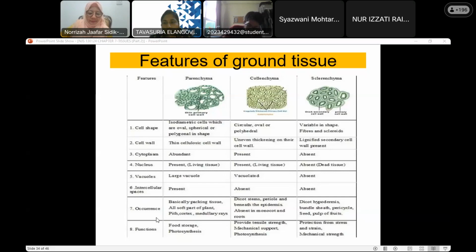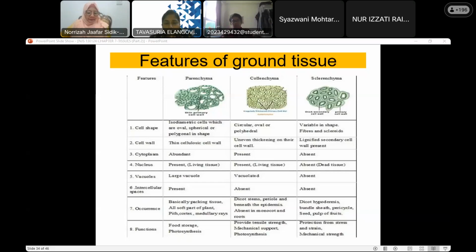And the occurrence here: parenchyma is a packing tissue, all the soft parts of plant tissues, found in the pith, cortex, and medullary space. Collenchyma is absent in monocots and roots. Sclerenchyma can be found in the dicot hypodermis, bundle sheath, pericycle, seed, and pulp of the fruits.